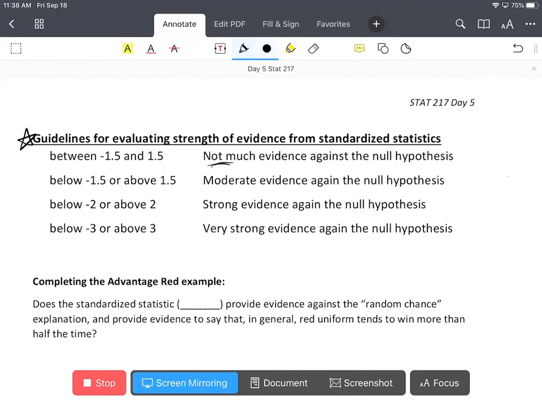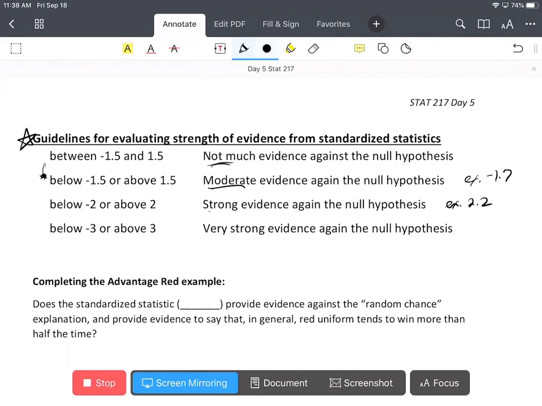Now if you're, let's say, negative 1.7, well, then you're above this, so you're going to look at this next one. We always want to be conservative. So negative 1.7 is between negative 1.5 and negative 2. So we would look here, for example, at negative 1.7. We have moderate evidence against the null hypothesis. So not strong evidence, but it's still good. An example here, what about 2.1 or 2.2?